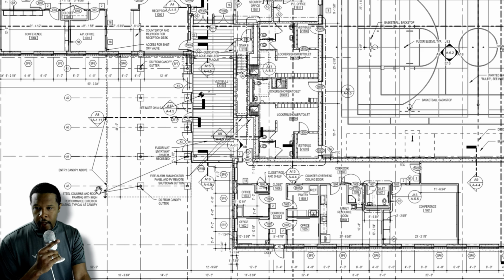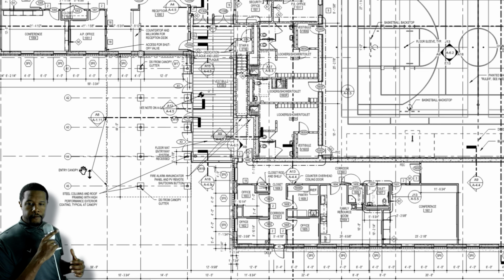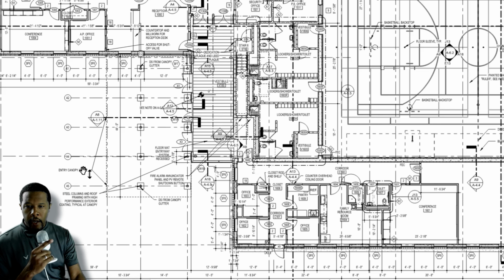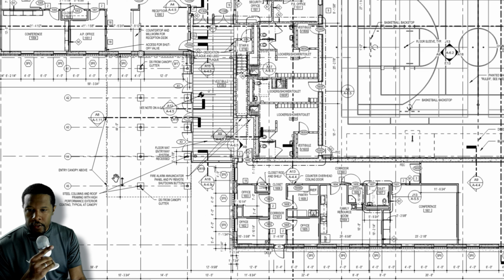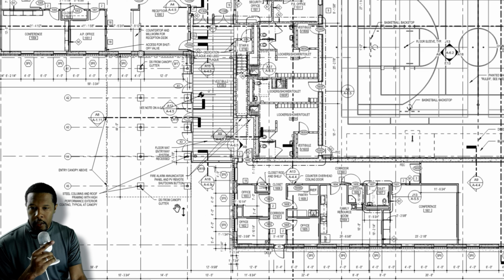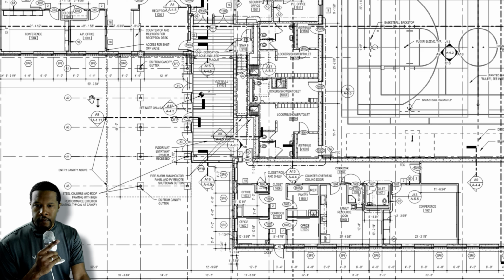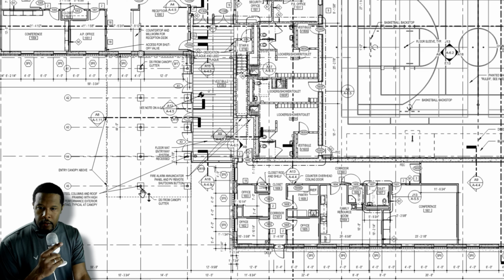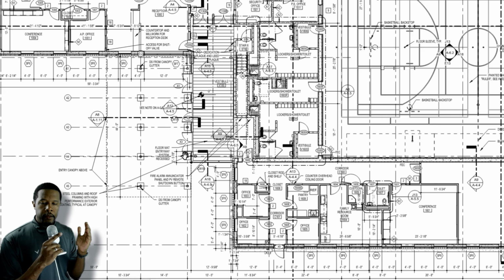And if we pay close attention here to the notes, it says entry canopy above. So there's an entry canopy right there, and those dotted lines are showing what's above. It's showing the extension of the canopy. And so you can also see that there's some steel posts shown right there that support the canopy.